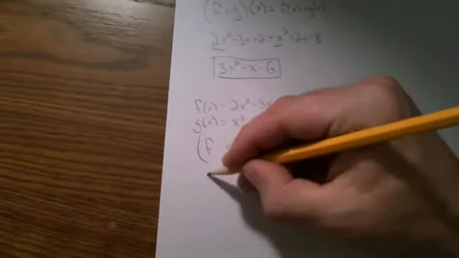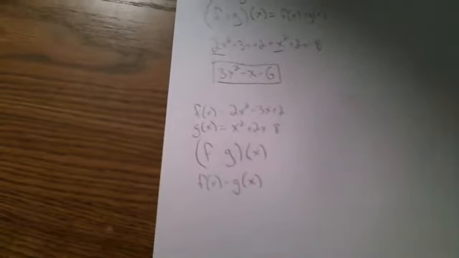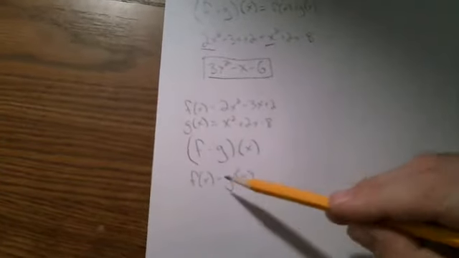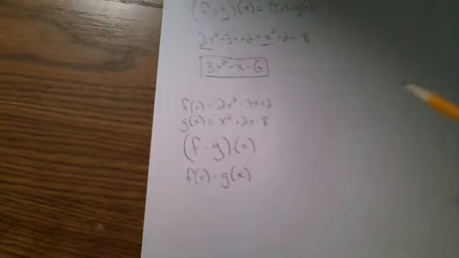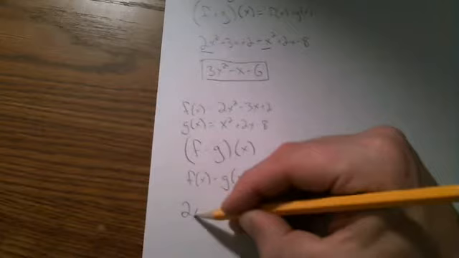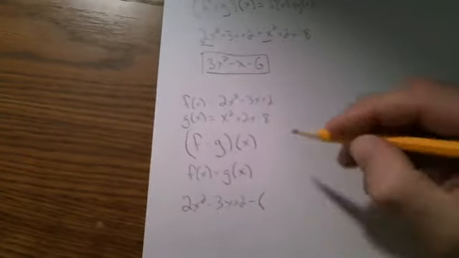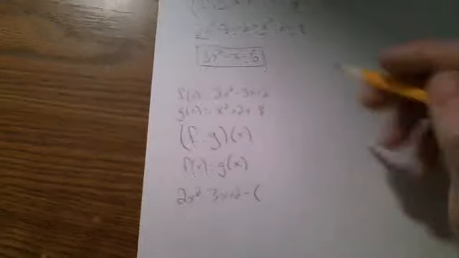Well, that's simply asking me to take f of x and subtract g of x. Be careful with this negative. We're just going to open up a set of parentheses to remind ourselves to distribute. So let's say we have 2x squared minus 3x plus 2 minus all of g of x, which is x squared plus 2x minus 8.